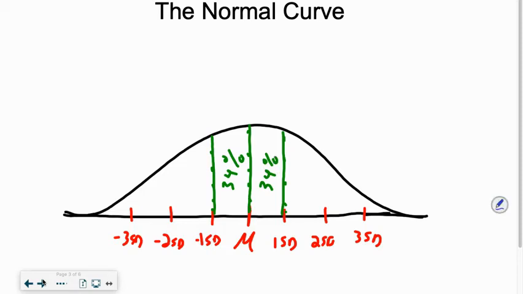In the next set of boxes, in between 1 standard deviation and 2 standard deviations away, there is about 13.5% of the data. And in between 2 standard deviations and 3 standard deviations, there is about 2.35% of the data.